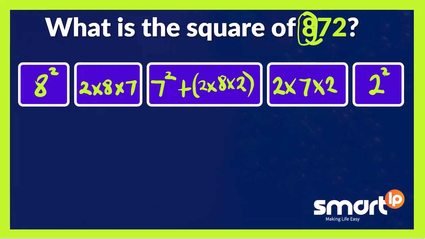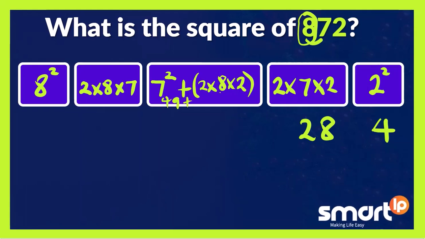So we start from the 2 square, which is the last boss. 2 square is 4. So let's write a 4. And then the next boss, we have 2 times 7, which is 14. 14 times 2, that is 28. Great. Then 7 square, that's 7 times 7, which is 49. So we have 49 plus. Then we have 2 times 8, that is 16. 16 times 2, that is 32.